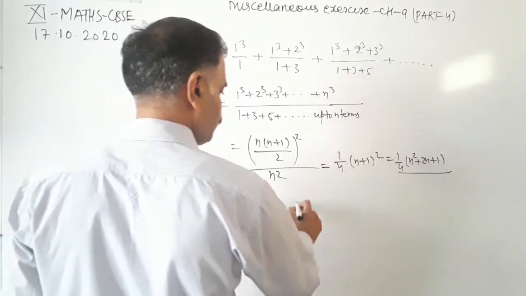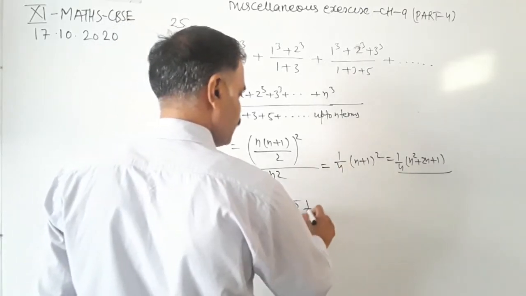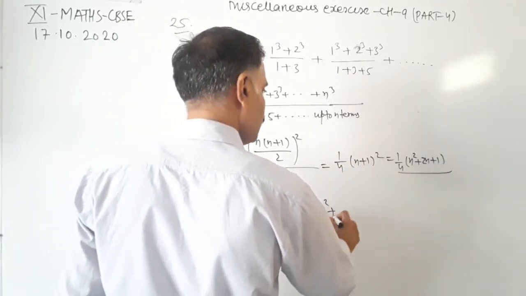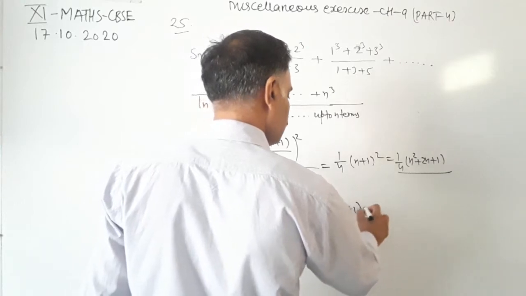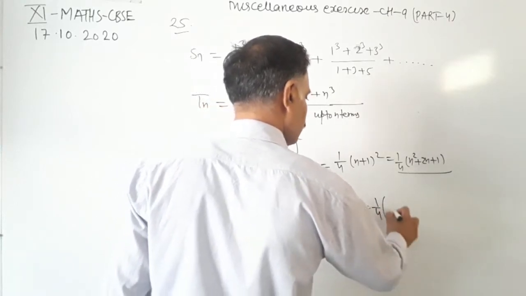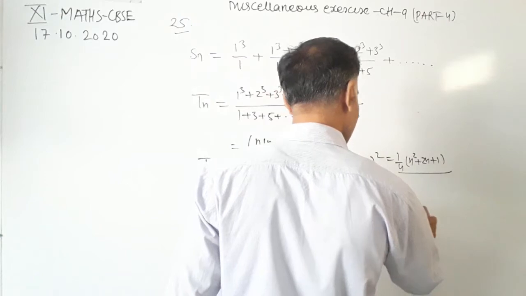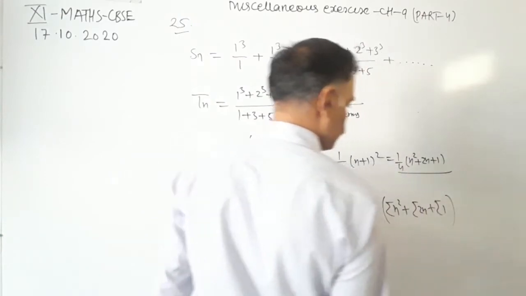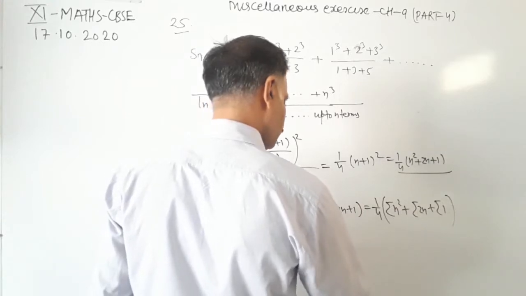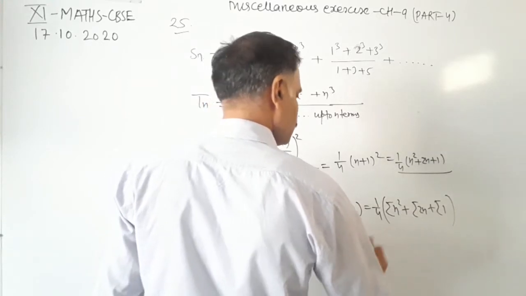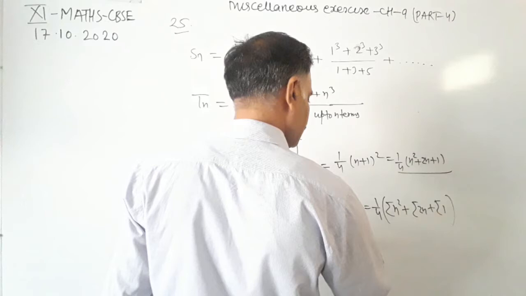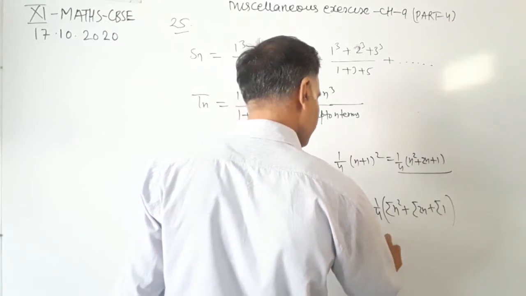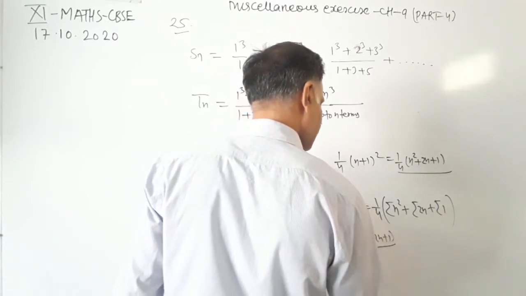So summation Tn is 1 upon 4 (n square plus 2n plus 1), and this equals 1 upon 4 [summation n square plus summation 2n plus summation 1]. Now this equals 1 by 4 into [summation n square is n into (n plus 1) into (2n plus 1) upon 6].